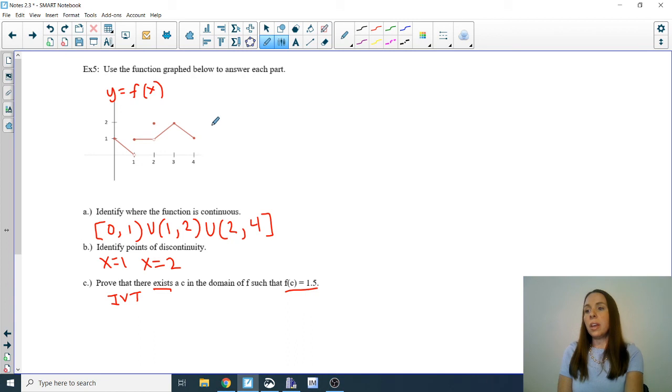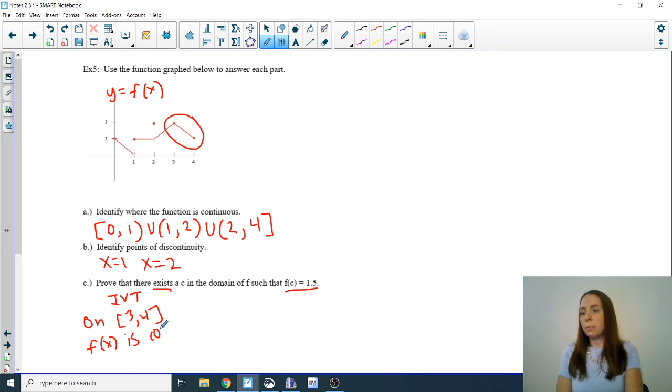And so again, you want to stay away from discontinuities, so you want to stay away from x equals 1 and x equals 2. Take a look at this little section though, x equals 3 to x equals 4. On the interval from 3 to 4, we could say that f of x is continuous, right? No discontinuities there, so that's really great.